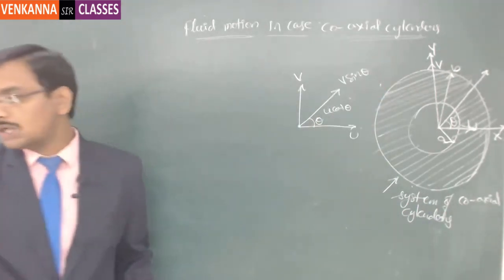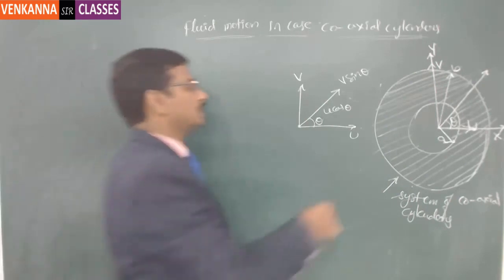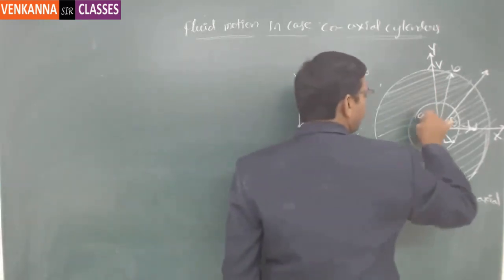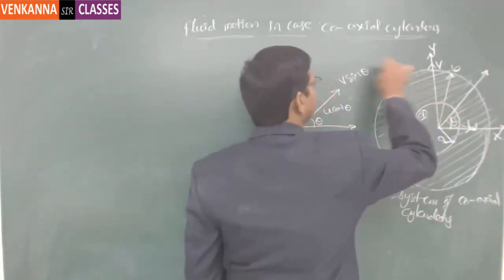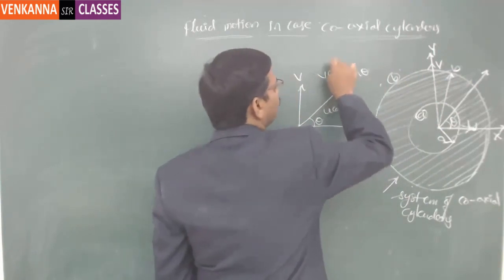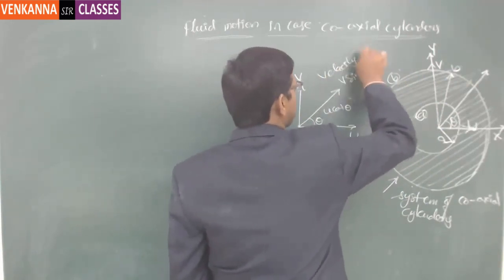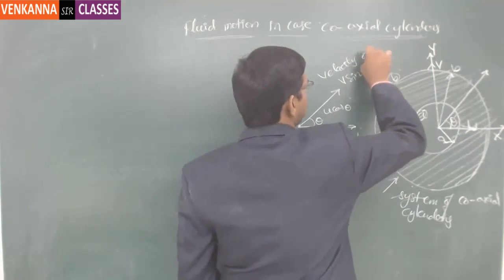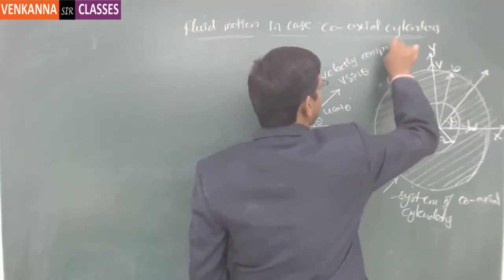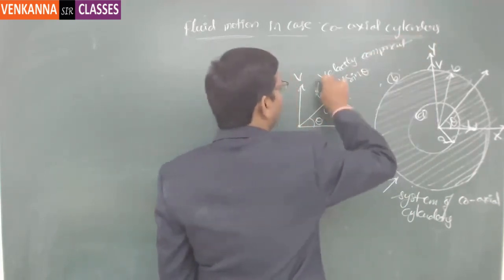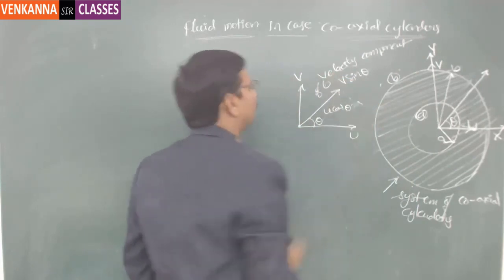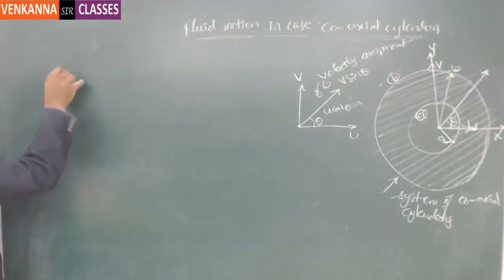Got it? u cos theta and v sin theta. Let us say I call this cylinder A and this cylinder B. So this is the velocity component of cylinder B.